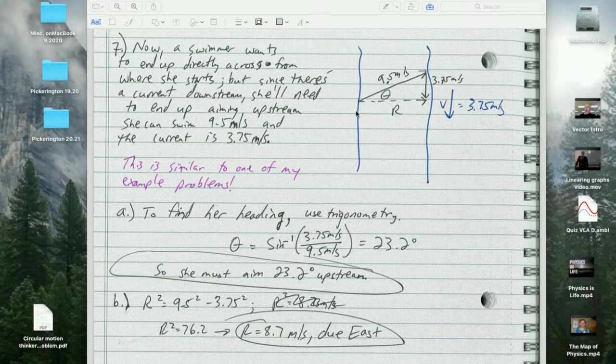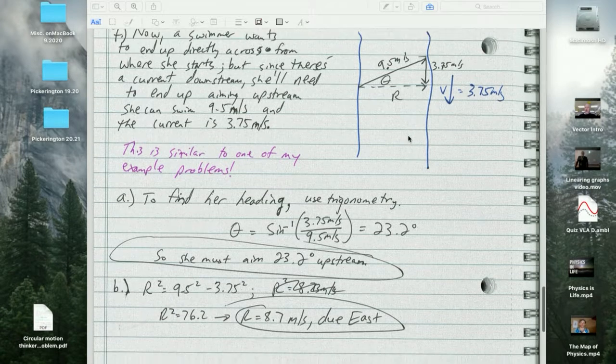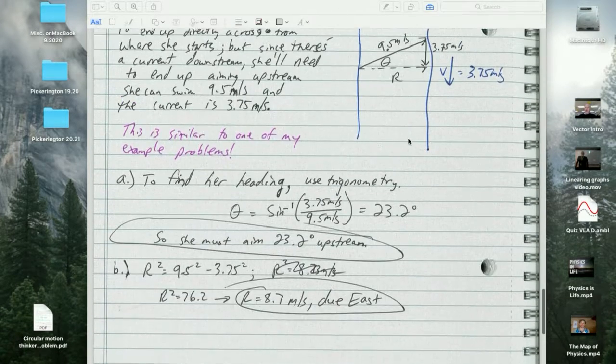Notice that if I want to find the resultant speed, I'm drawing my vectors tip to tail, going up and to the right, and then coming down with the current. And my resultant, as always, starts from the beginning of the first vector and ends at the arrow tip of the last vector. And so it's going due east. And I think that does it.